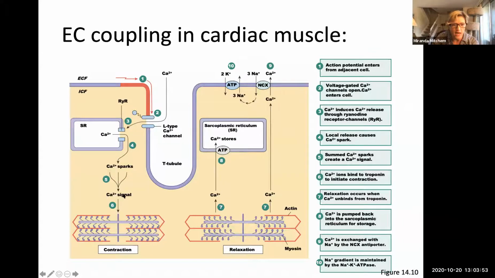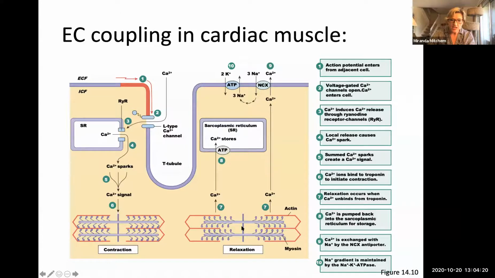And now after the spark gets to the signal, the calcium can bind to troponin, which causes the tropomyosin to slip, exposing those actin and myosin regions to each other so that we can have contraction. So that gets us through the contraction. Calcium is necessary to initiate the contraction of cardiac muscle.